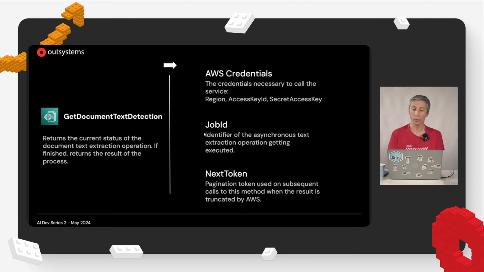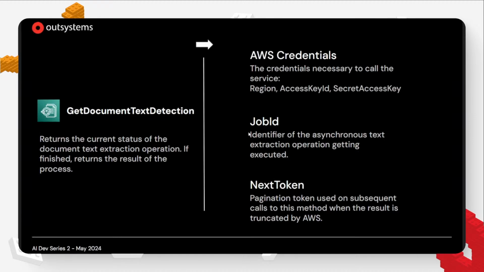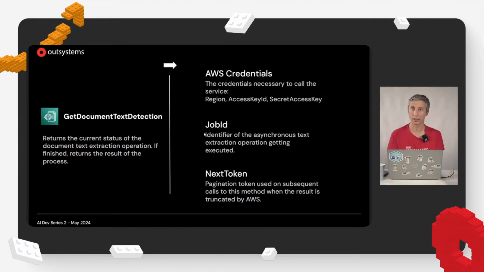But when we use the get document text detection, we will get the job status. We will get the next token. So if the response needs to be in several chunks, we will get the information about what is the next token, so we can call again with that next token as input parameter. And if we have errors, we will receive that in the status message, and also a list of warnings if there are any warnings available.